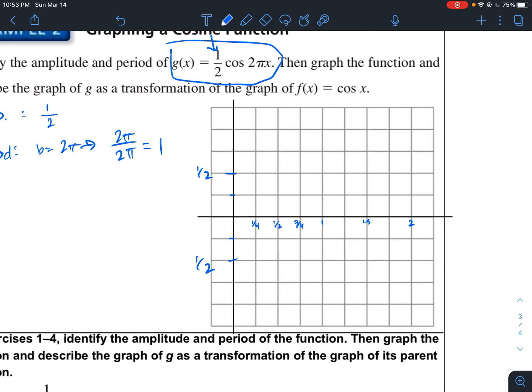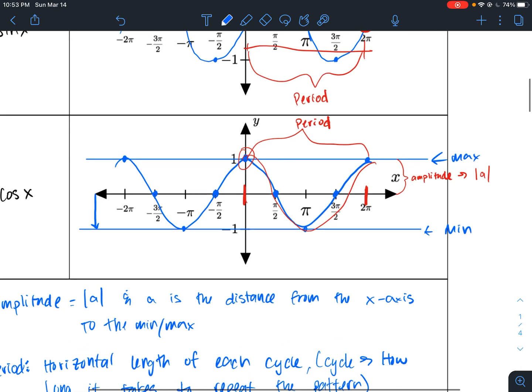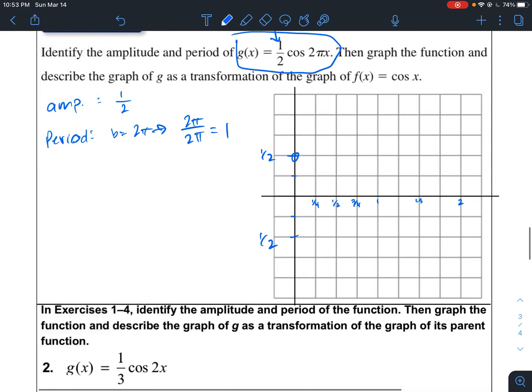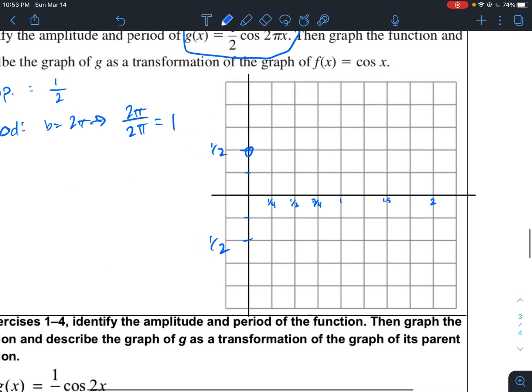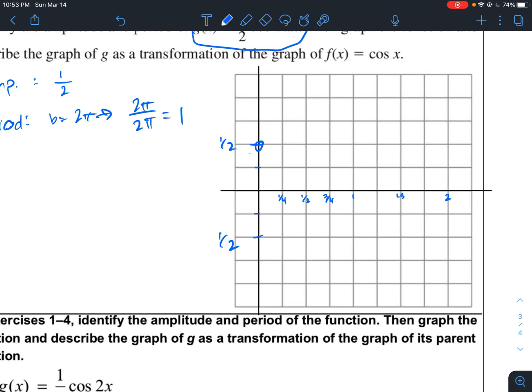So for the cosine function, remember that we start up here. We started on the y-axis up at the top, at our max value, rather than in between our max and our min like the sine function does. And so if we start up here, to make one full rotation, we have to be back up here at 1 because that's our period.